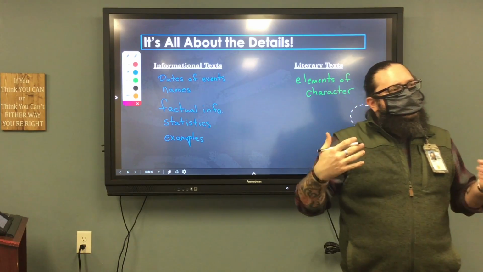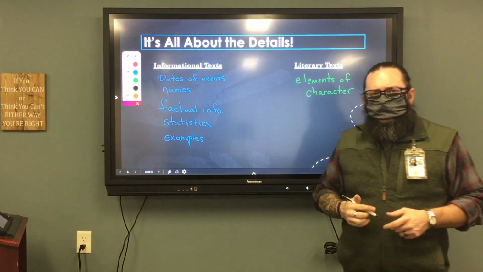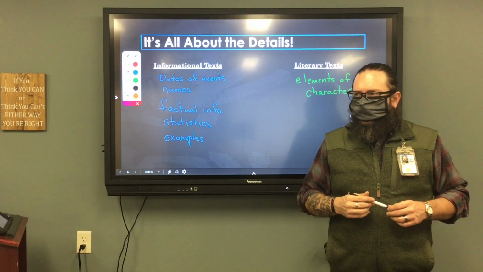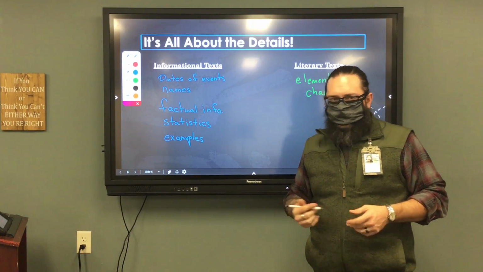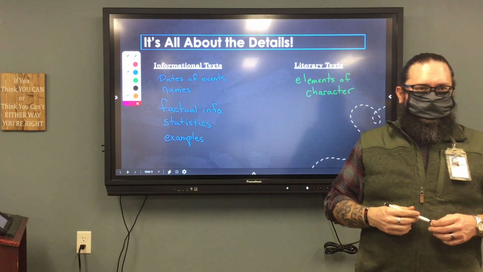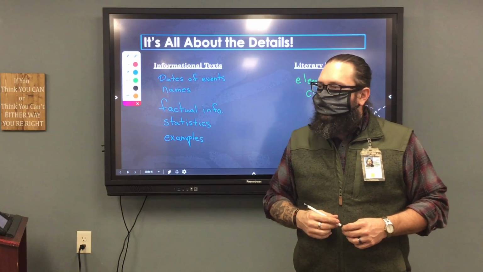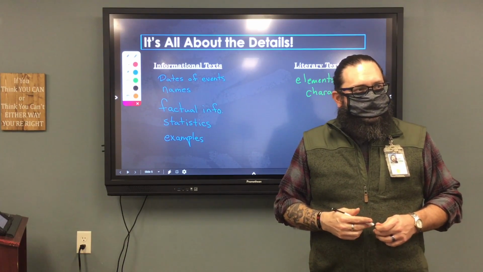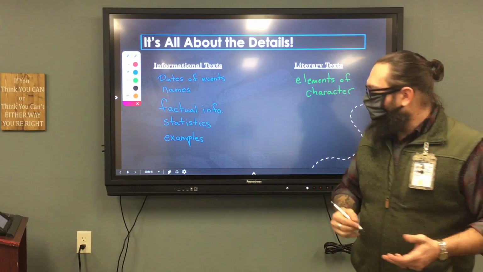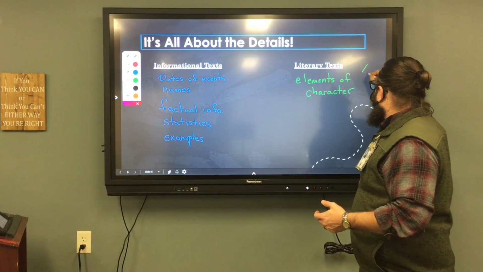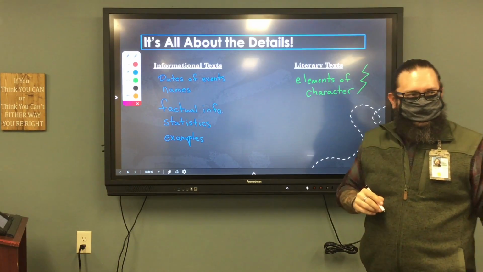Does his physical description also describe some elements of his character? Yes, it can. So what can you tell me about Harry Potter physically? He's small and lanky, has glasses, black hair, and don't forget his little lightning scar.